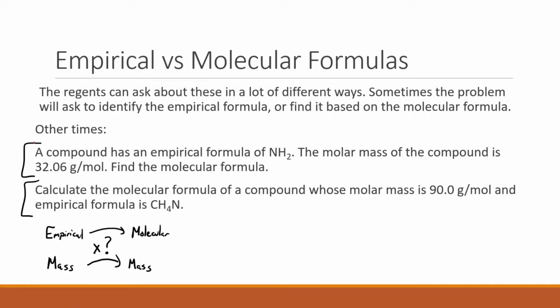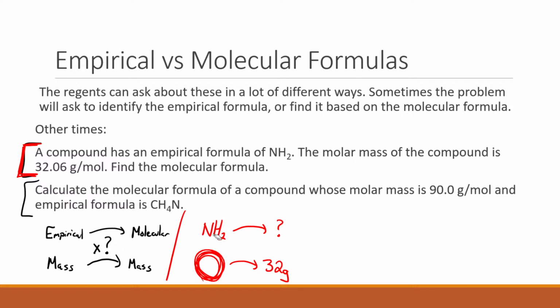All right, let's see how that's going to work. We'll do this one in red. They give us an empirical formula of NH2. They ask us to find the molecular formula. And they give us the molar mass of 32 grams. Now we're missing this number here.